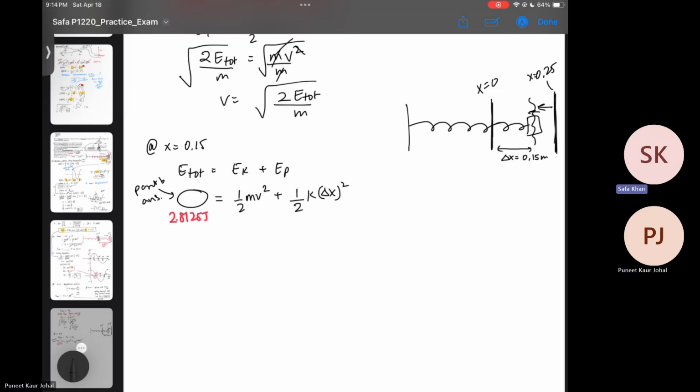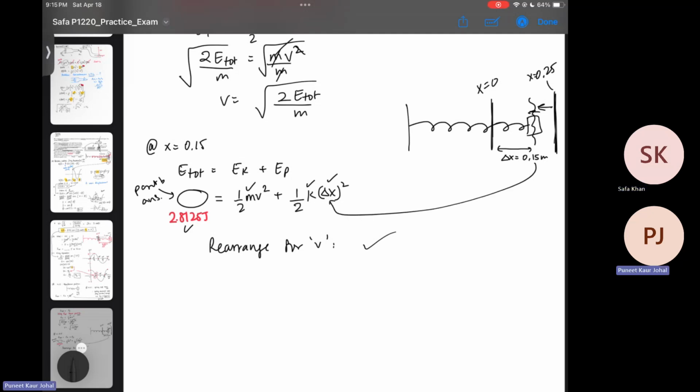You know k, you know this, you know that. You know everything, and you can just rearrange for v. That's the only unknown, and you have everything else. So delta x is going to be 0.15. Okay, good. Perfect.